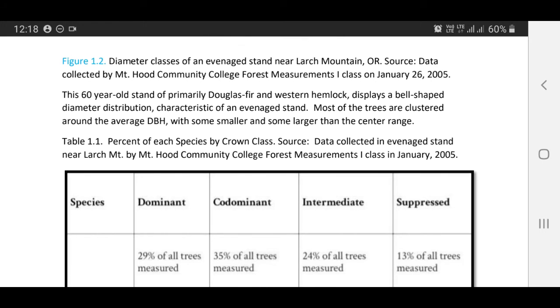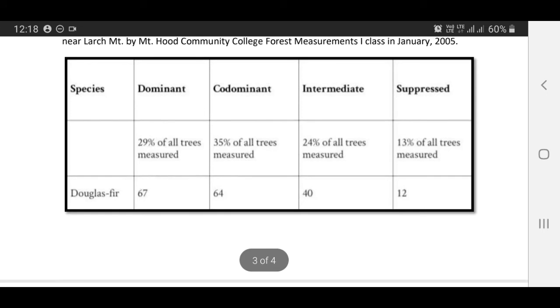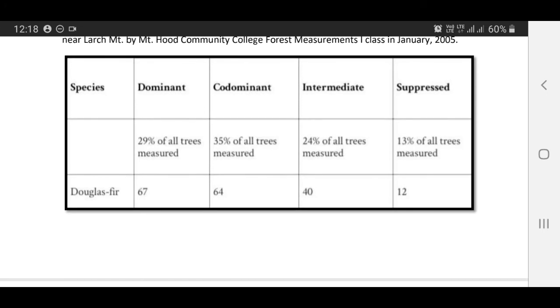Table 1.1, percent of each species by crown class. Source: data collected in an even age stand near Larch Mountain by Mount Hood Community College Forest Measurement class in January 2005. Species: Douglas fir. Dominant trees in the Douglas fir group, 29% of all trees measured. Codominant, 35%. Intermediate, 24%.